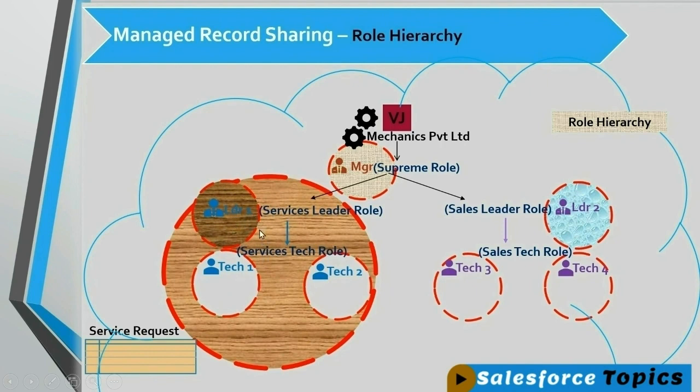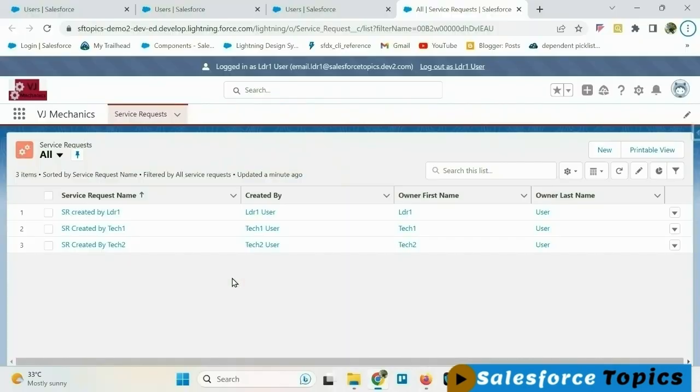The same access that tech1 has on this record would be applicable to LDR1. The same access that tech2 has on this record would be applicable to LDR1. So on the tech1 record he has complete ownership. Let's verify whether LDR1 has complete ownership on tech1's record.